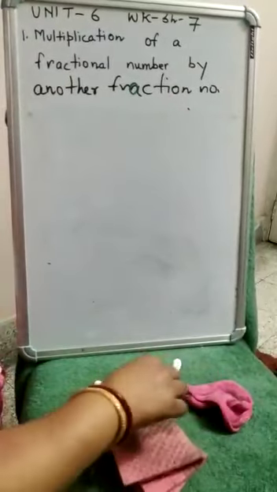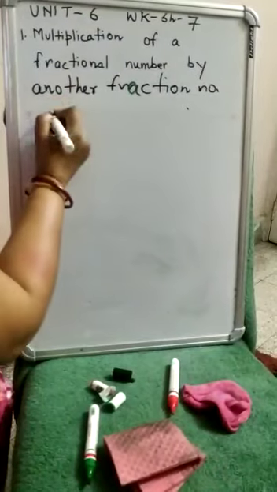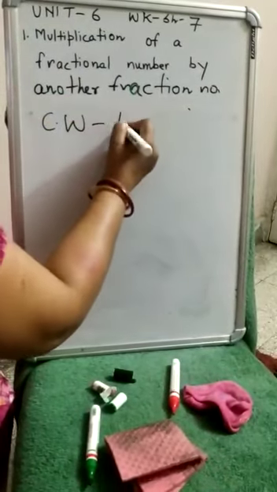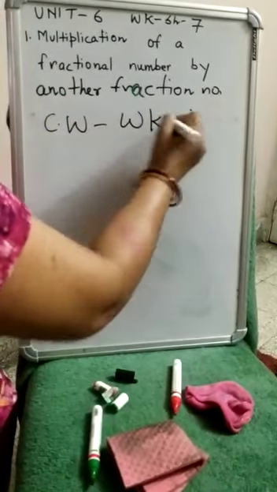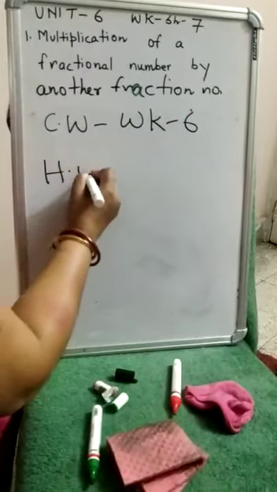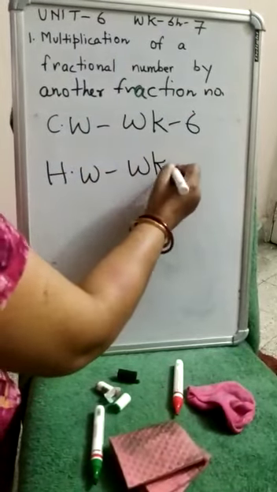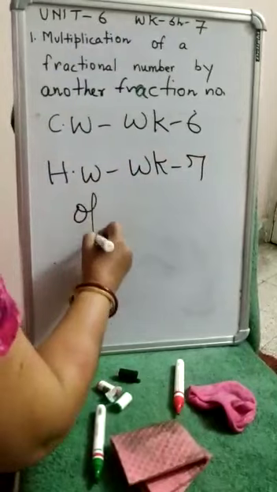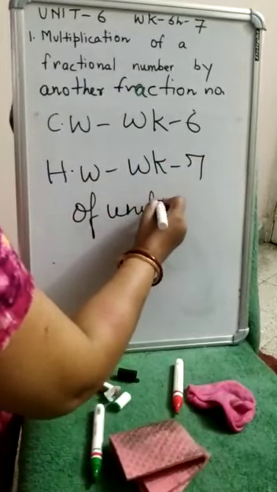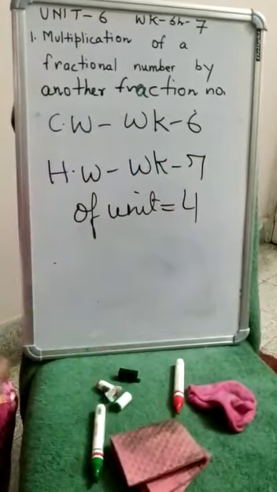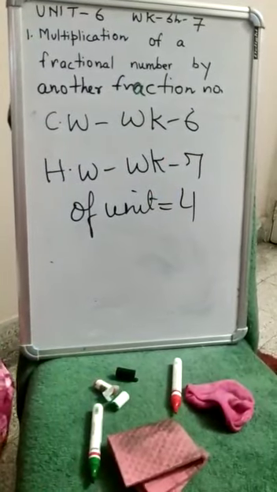students, what is your classwork and homework? Your classwork is you have to do worksheet number 6, and homework is you have to do worksheet number 7 of unit number 4. So children, hope you have enjoyed my class.